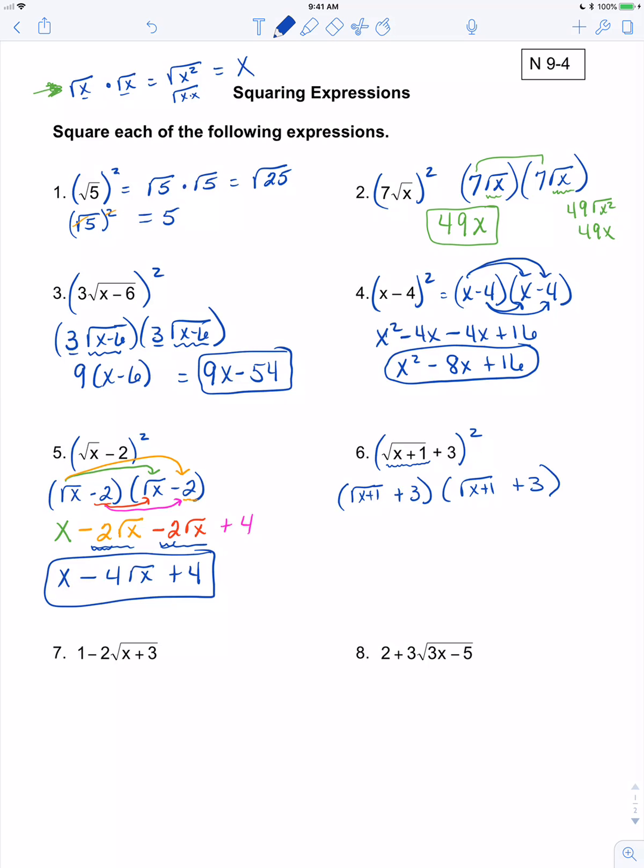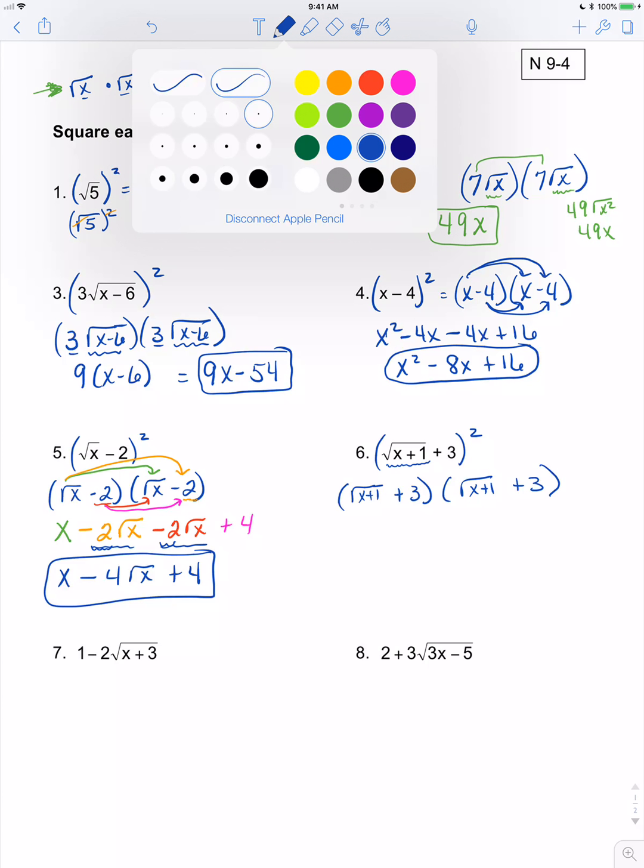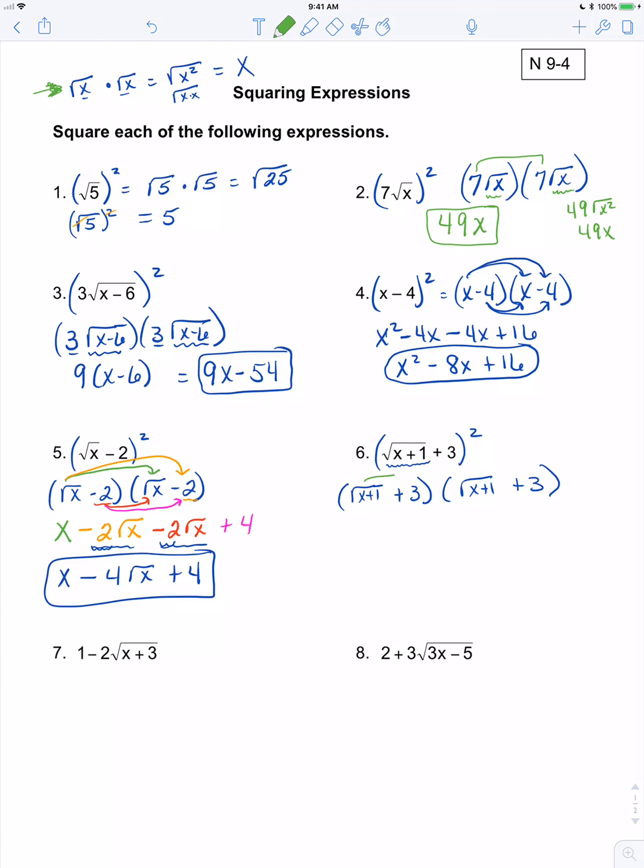If we take the square root of x plus 1 times the square root of x plus 1, remember, anytime you square something that's under the root sign, you're left with it just outside of the root sign, x plus 1. Next we take the square root of x plus 1 and multiply it by 3. 3 is a whole number, so it goes on the outside of the radical: 3 square roots of x plus 1.